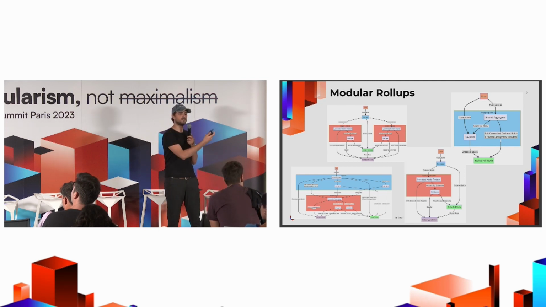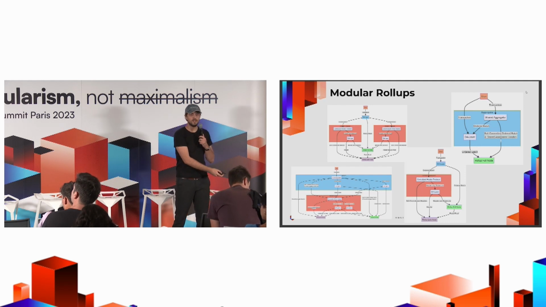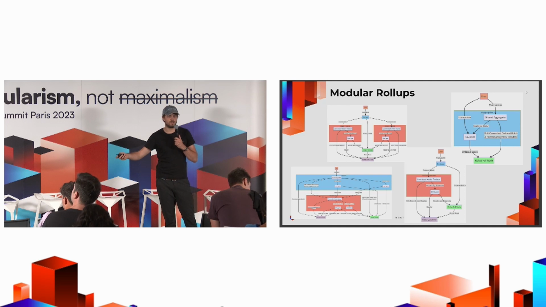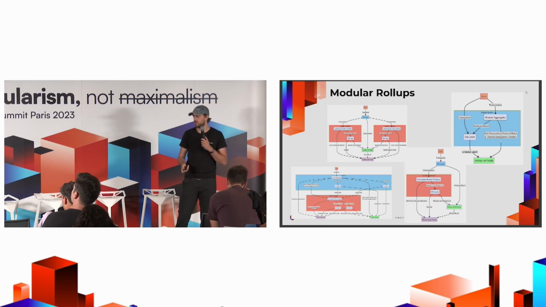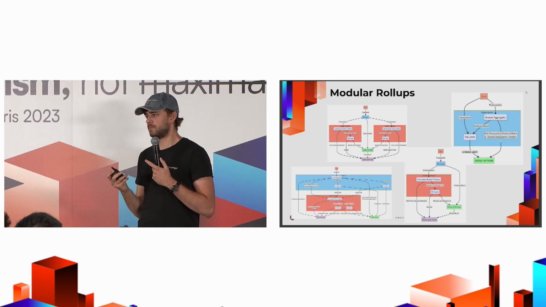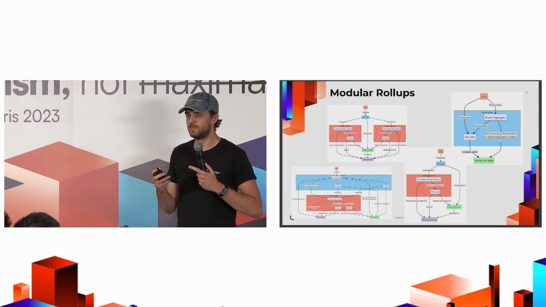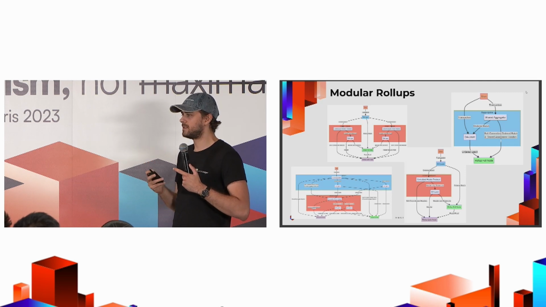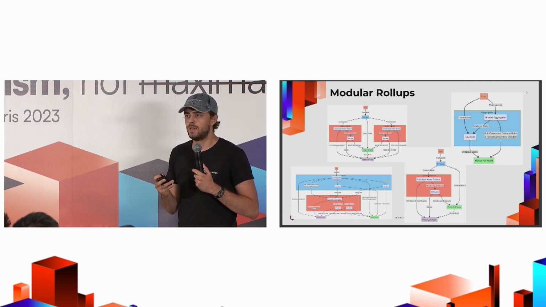I don't know. You can have the same data availability bytes and have an optimistic and a ZK rollup on top, a hybrid version. So this is another topic of research that I encourage everyone to look into, because the design space that we created by decoupling components is exploding.